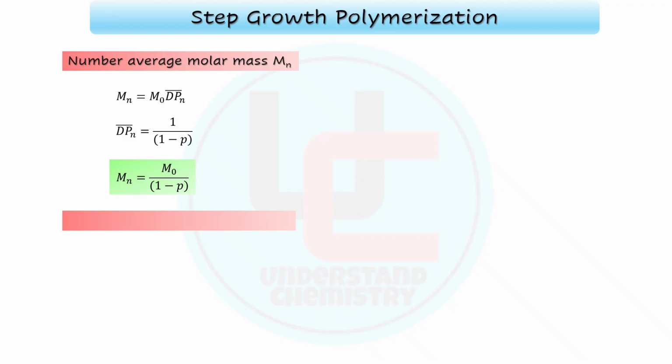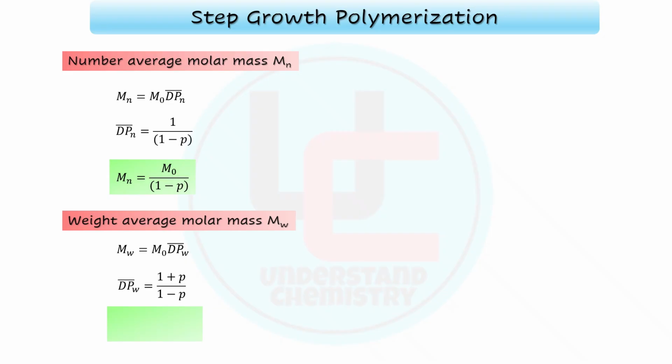To account for the greater contribution of longer chains to the overall mass, the weight average molar mass is determined by multiplying m0 with the weight average degree of polymerization. The weight average degree of polymerization defined by Carothers is equal to 1 plus p over 1 minus p. By multiplying m0 with it, we get the weight average molar mass.